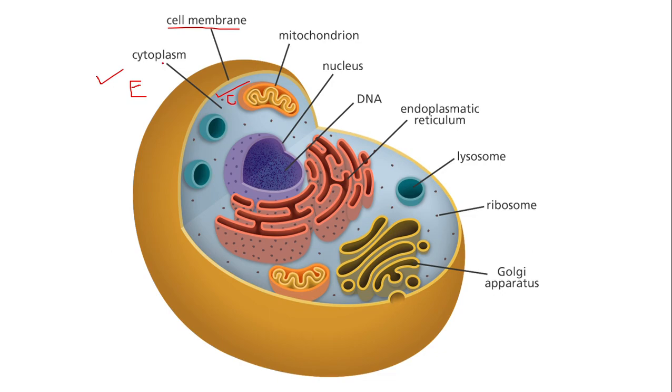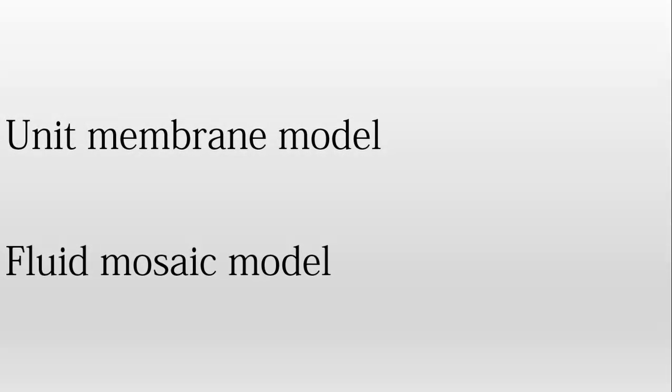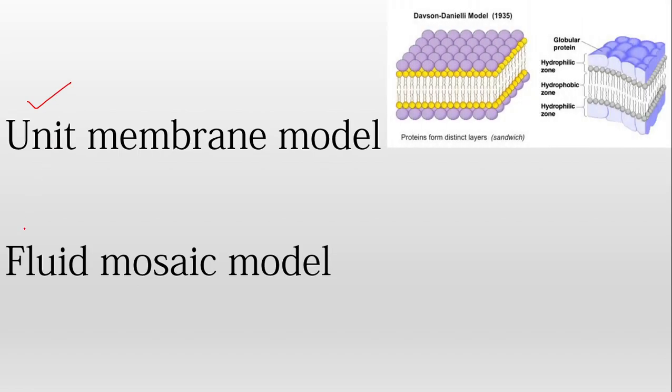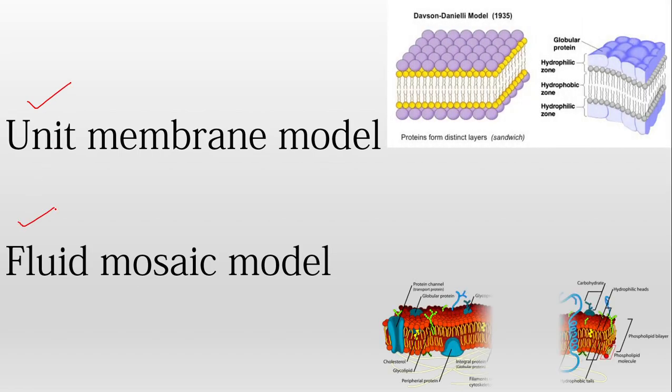Many biologists contributed to establishing the structural organization of the plasma membrane, and they designed two models. The first is the unit membrane model, and the second is the fluid mosaic model. In this lecture, we will discuss the unit membrane model, and we will discuss the fluid mosaic model next.